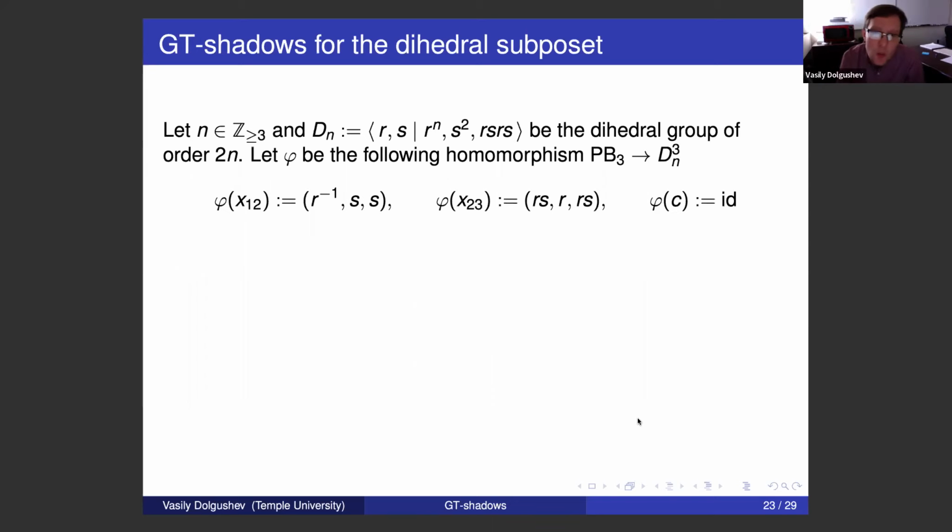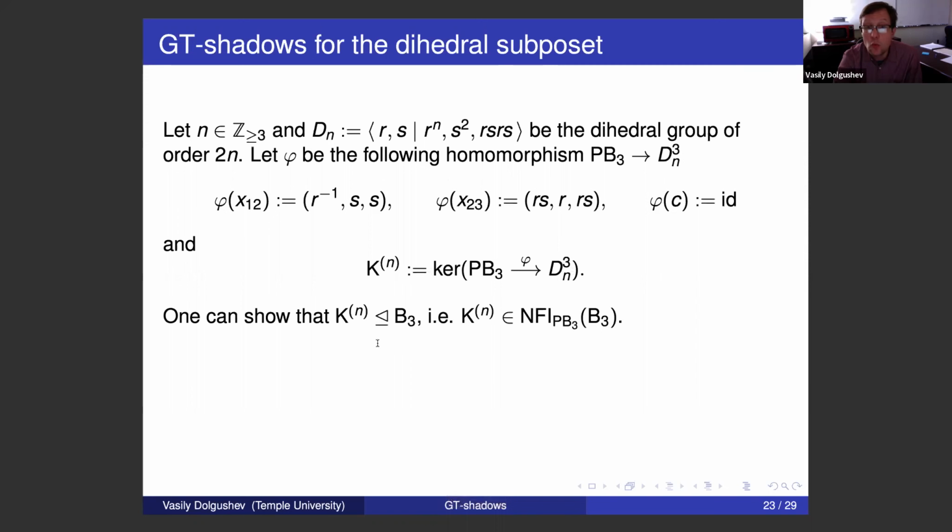Okay. Go ahead. So, GT shadows. Here is a specific, concrete example. Let's take this family of dihedral groups, and this formula defines a homomorphism from PB3 to Dn cross Dn cross Dn, three times. It turns out that the kernel of this homomorphism is normal in B3.